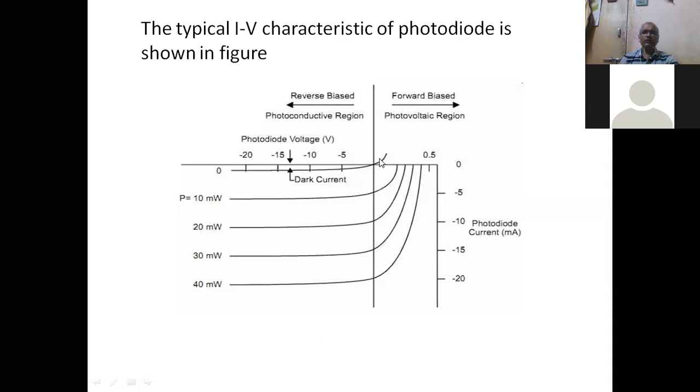Remember, when no light is falling on the PN junction of the photodiode, a very small current flows, and that current is called the dark current. And as the light intensity goes on increasing, the reverse current also goes on increasing. So these are the reverse characteristics or IV characteristics of a photodiode.